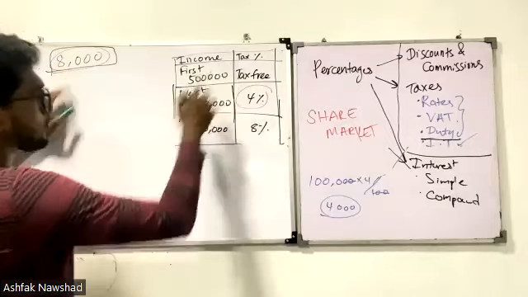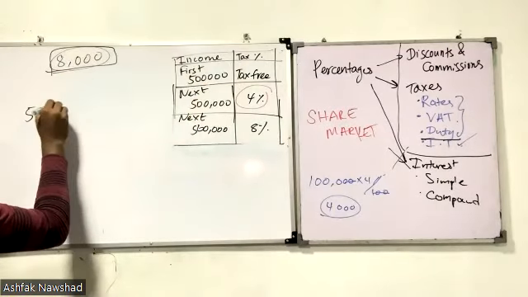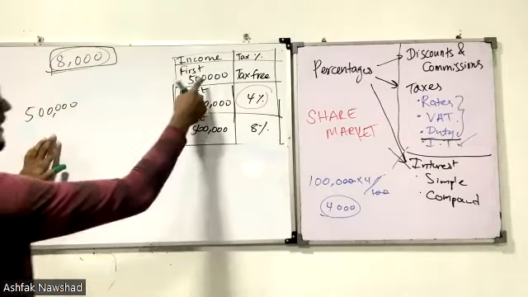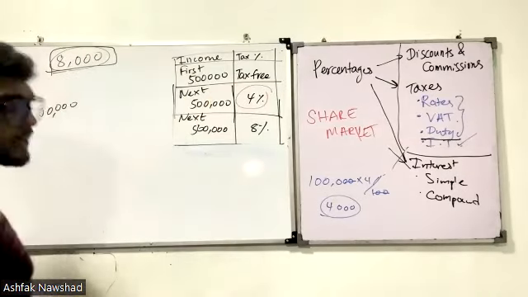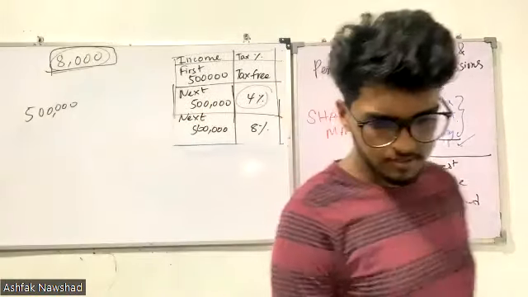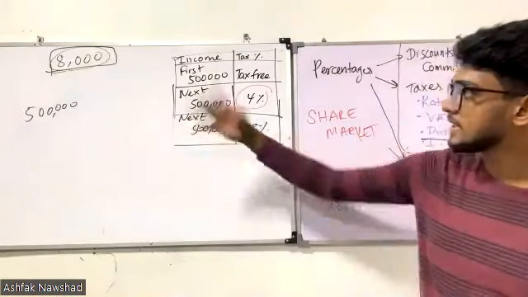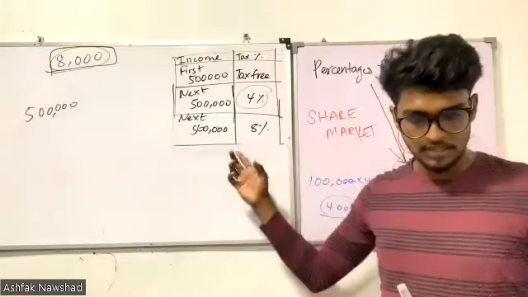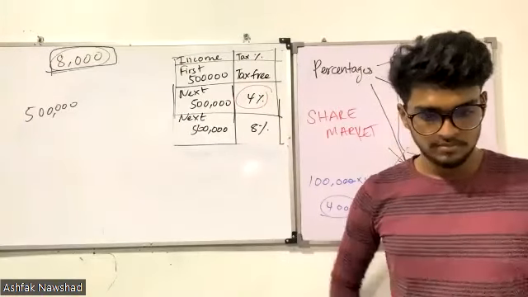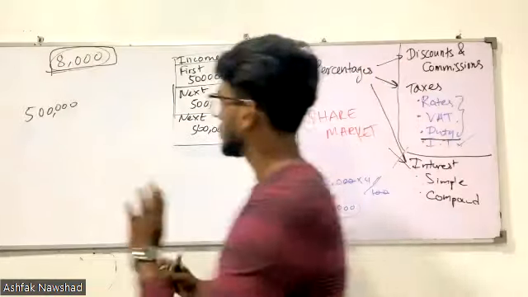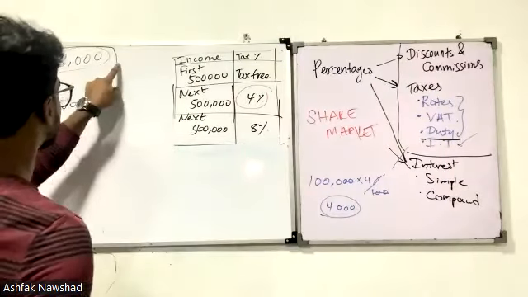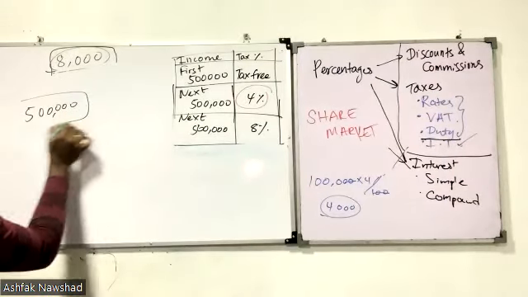He earns definitely more than 500,000, because if he earned less than that, he wouldn't have to pay tax. Is that clear? They don't give percentages, this is the percentage table always. So if he pays some tax, he definitely has to earn more than 500,000.